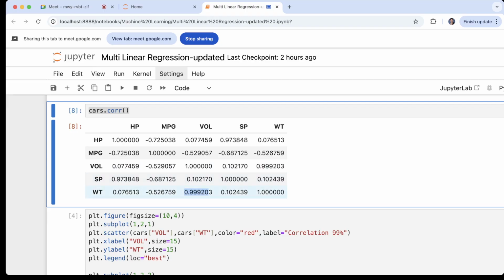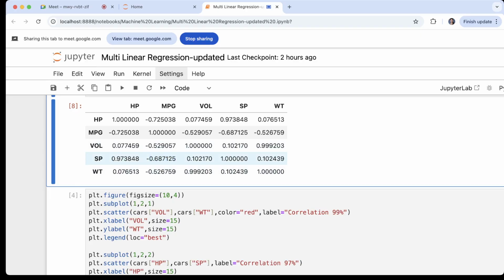All other values are not too small, but small. This one is slightly high but not that high. So these two values are very high. But this is not with the other features, it is with mpg, the target, so that's fine. So we got one value which is very high and another which is very high.